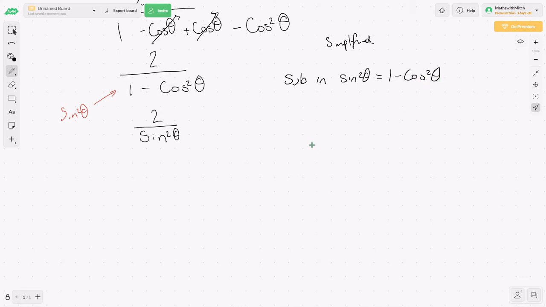So we've subbed in the identity there, and here we can say 1 over sine squared theta equals cosec squared theta. We know that. So we end up with 2 cosec squared theta. So that leaves us with that term there.